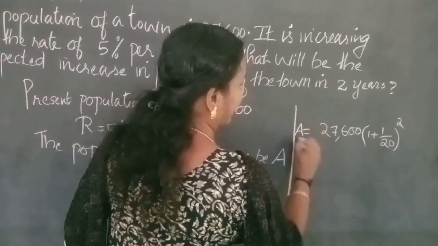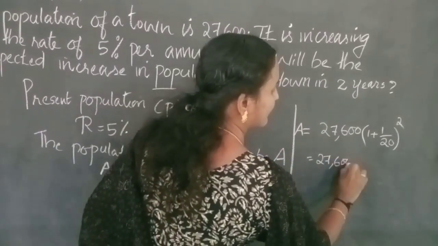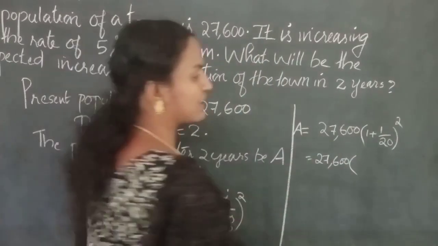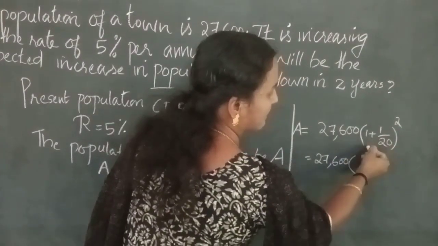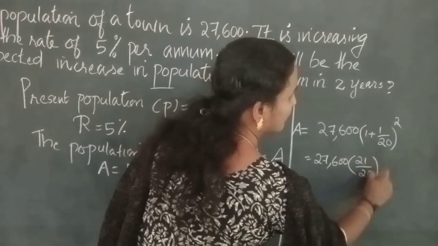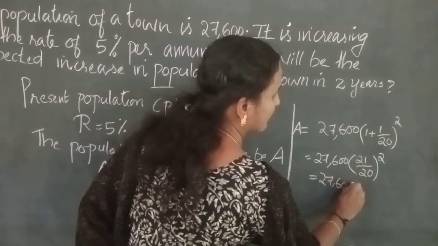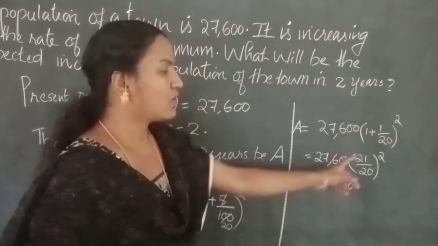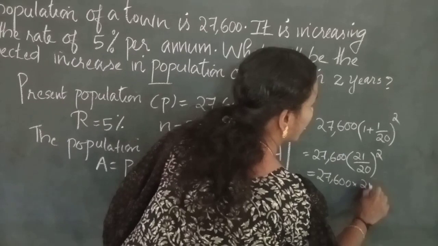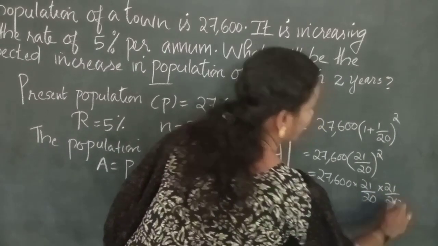The left side A is equal to 27,600 into, by applying cross multiplication, 1 into 20 plus 1 into 1. So 20 plus 1, 21 by 20 the whole square, is equal to 27,600 into, the whole square means 21 by 20 into 21 by 20.